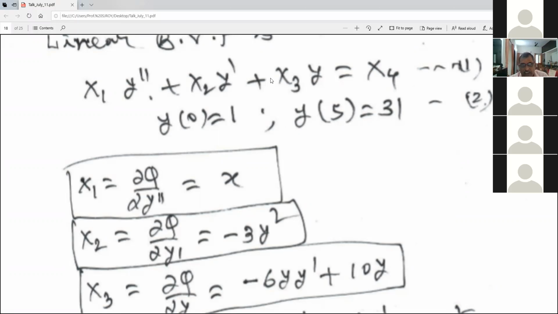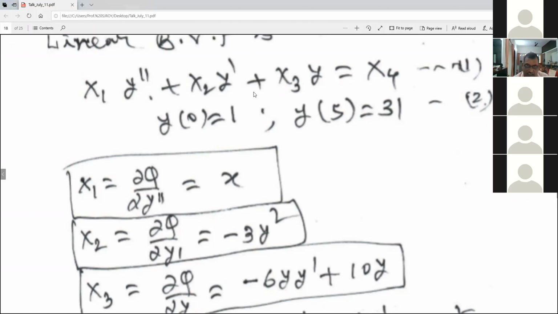Then after solving, you will get some y values. Then you will compare with the initial guess and the first iteration. It will definitely not match. Then you improve: the second iteration against the first iteration, the third against the second, like that. When the difference between two consecutive iterations is very close, then it will satisfy this equation perfectly. And only at that time you will get the solution.